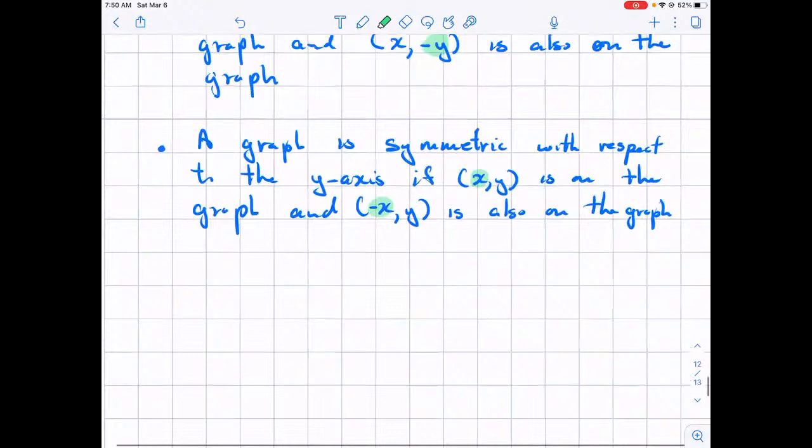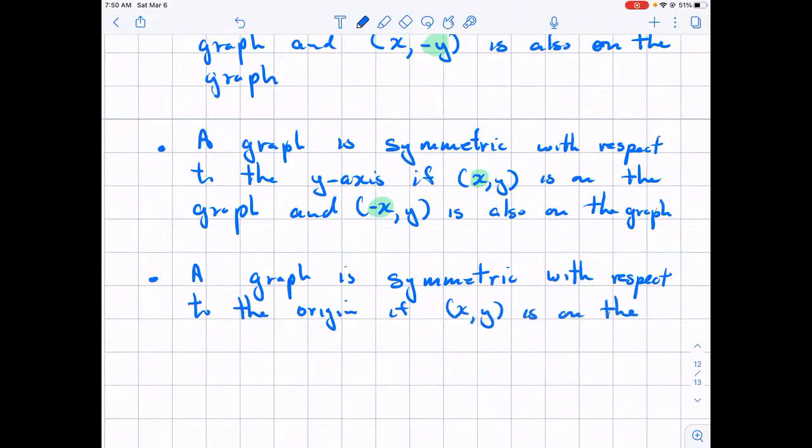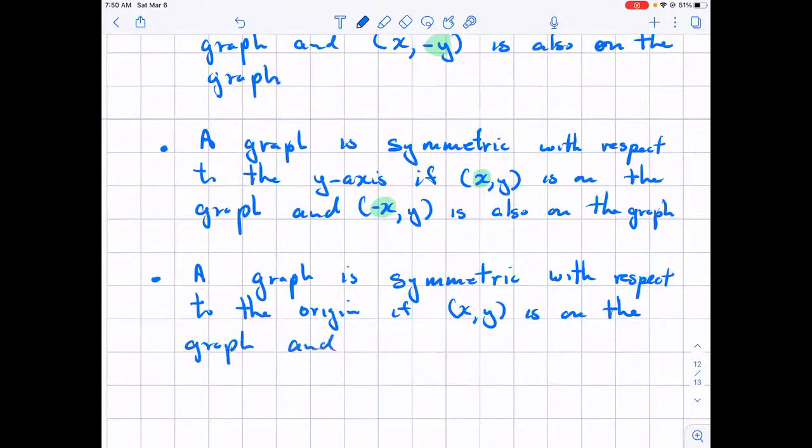And then we also have origin symmetry. A graph is symmetric with respect to the origin if x comma y is on the graph and minus x comma minus y is also on the graph.